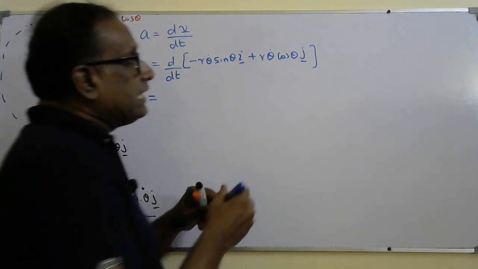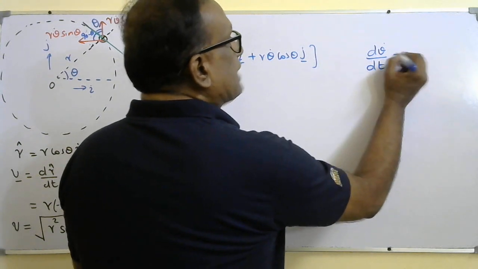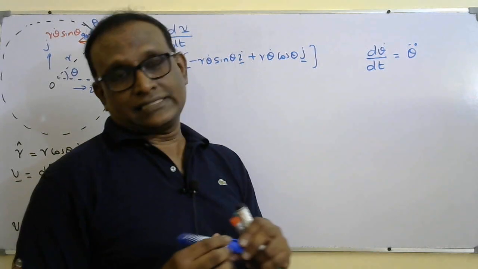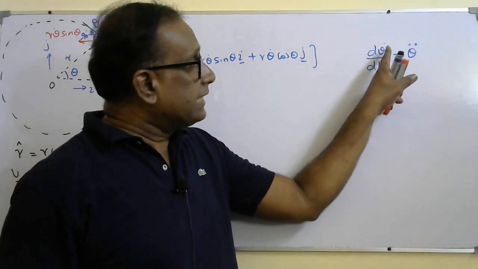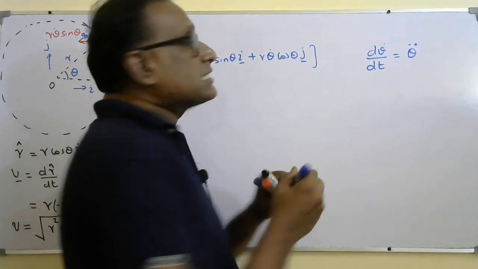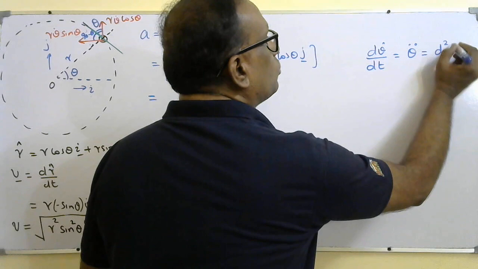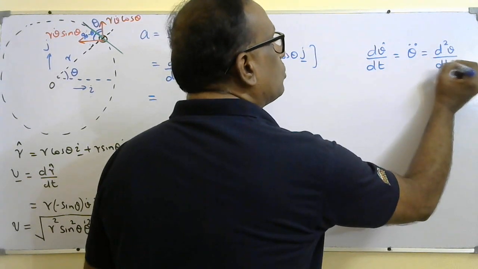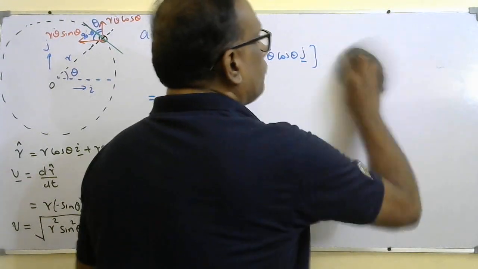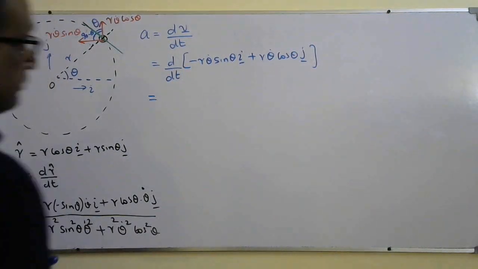When we differentiate d theta dot over dt, it is denoted as theta double dot, that is the angular acceleration. Theta dot is the angular speed, d theta dot over dt is denoted by theta double dot, or d2 theta over dt2, that is the angular acceleration. Okay, we'll differentiate it. A lot of things will come, we'll see.